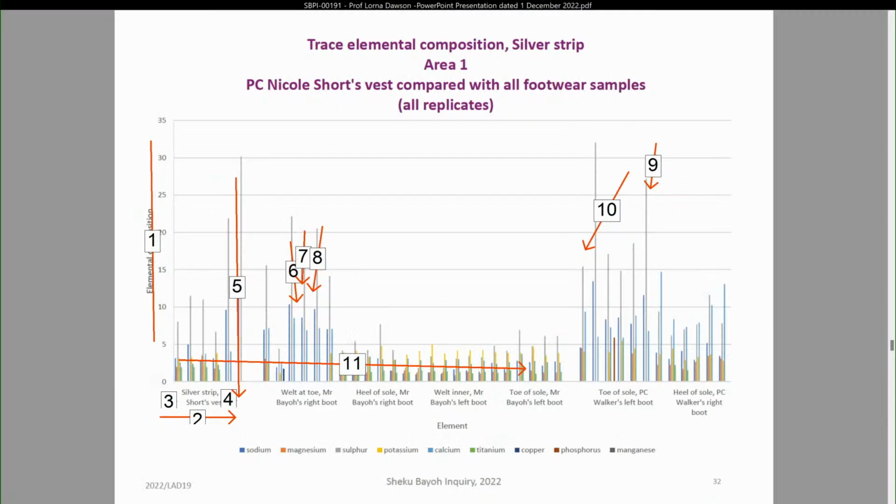In your report, you explain that replicate 6 from Area 1 on the vest is what you call an outlier. I wondered if you could explain what is an outlier? An outlier is a replicate that is different to most of the other examples within that population.